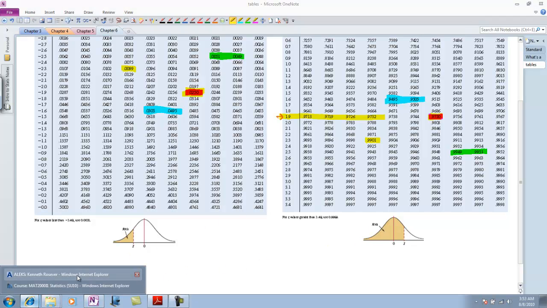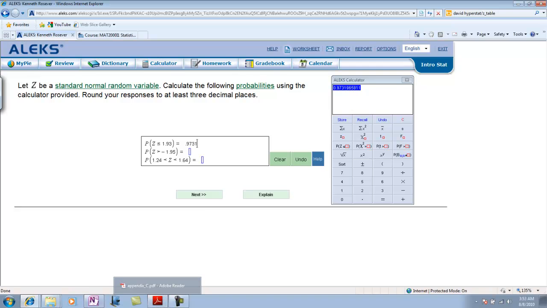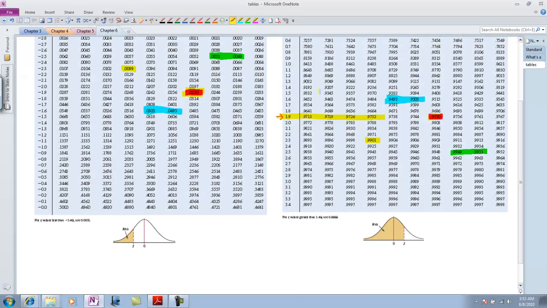So we get to use none of these other ones because those pictures don't match. We want this one right here. So I hit that, and what do I type in? 1.93. Very simple, and it gives me 0.9731. What did I get using the table? Let's go back and look. I got 0.9732. So they don't match exactly, but they match pretty close.